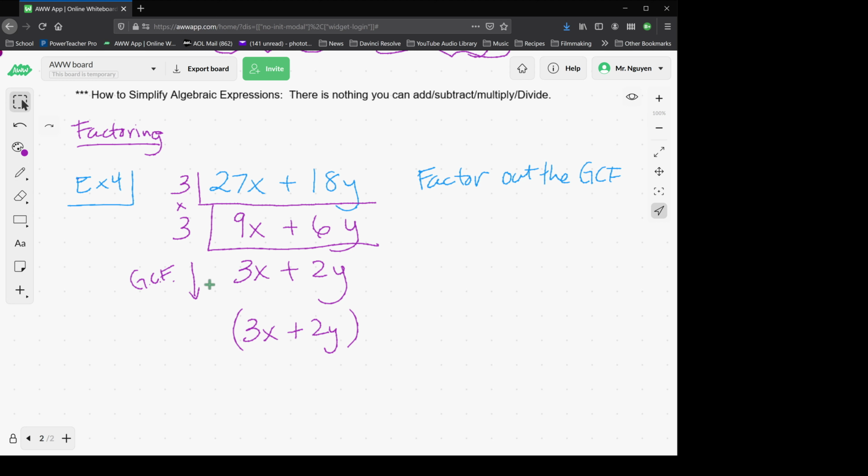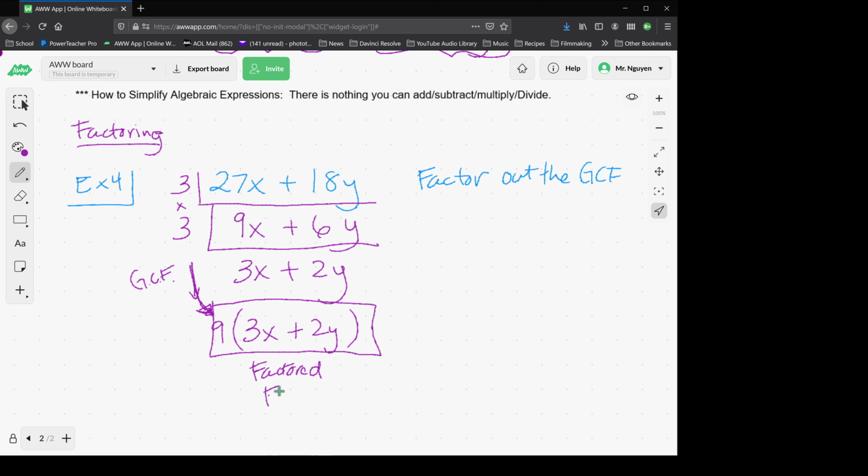That's 9. Okay, that's our GCF. So the GCF is 9, and these two terms give us what's inside the parentheses, the grouping symbol. And that's it. That's factored. This is factored form.